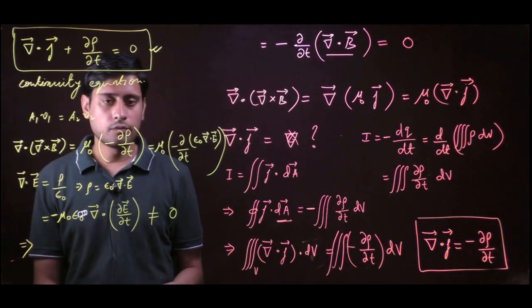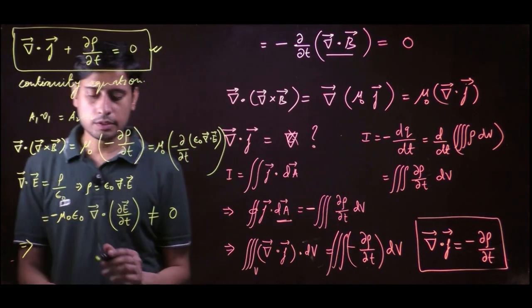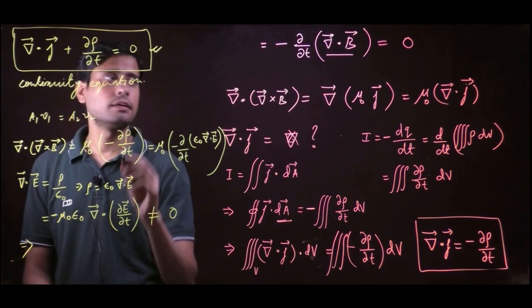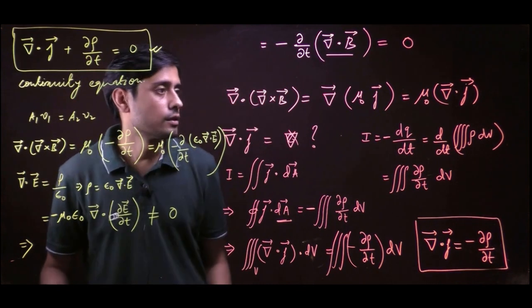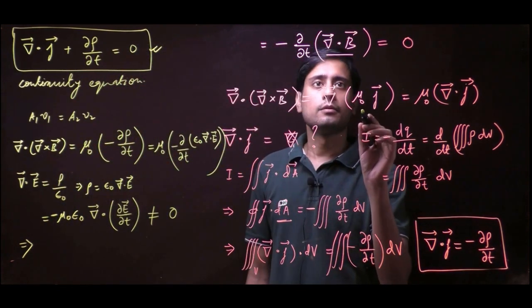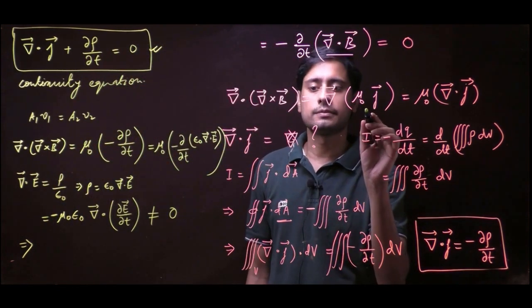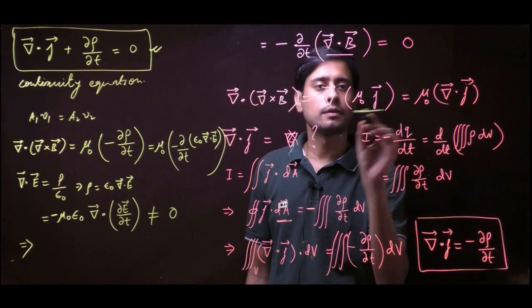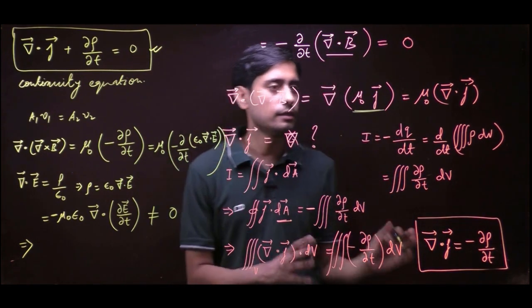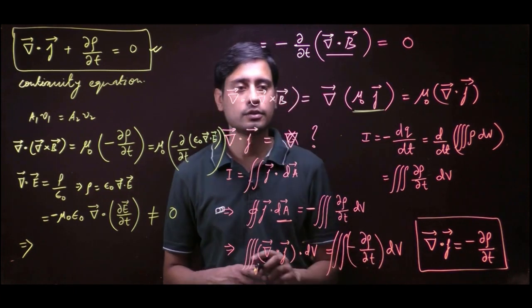So what we can do here is, instead of writing mu naught J, if you write the combined term, then we will get 0.